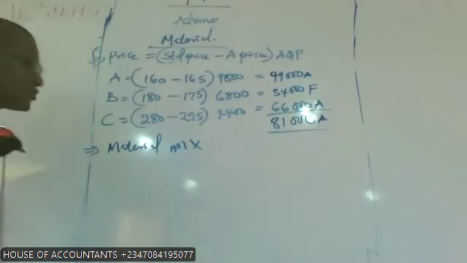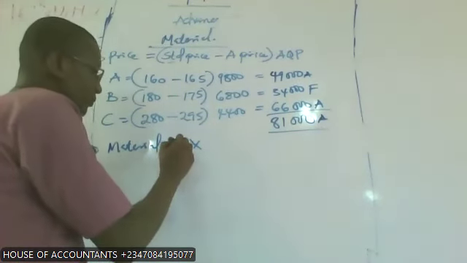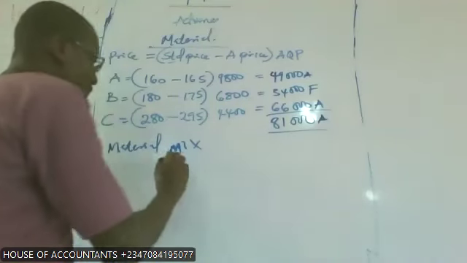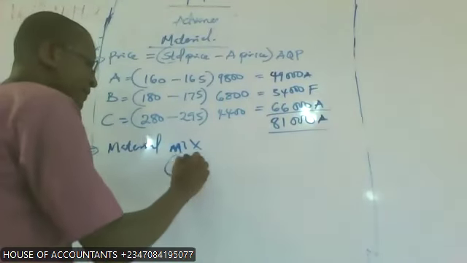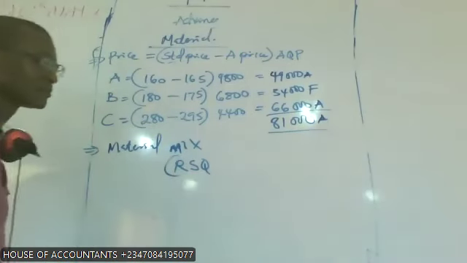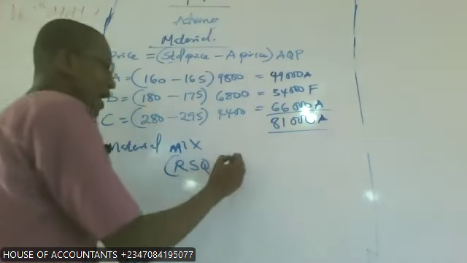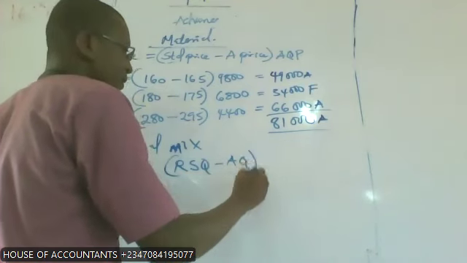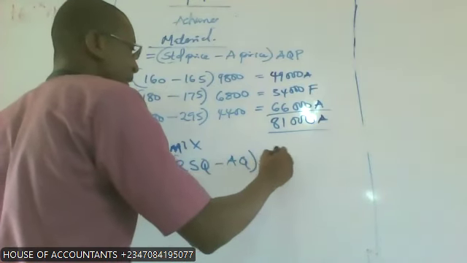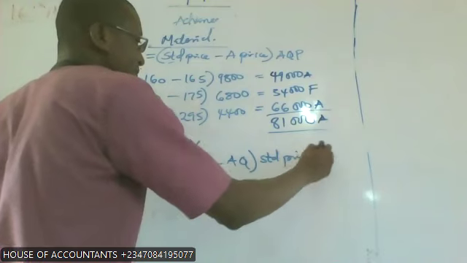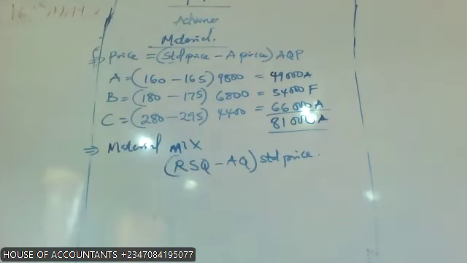So for mix, we need revised standard quantity minus actual quantity, multiplied by standard price.